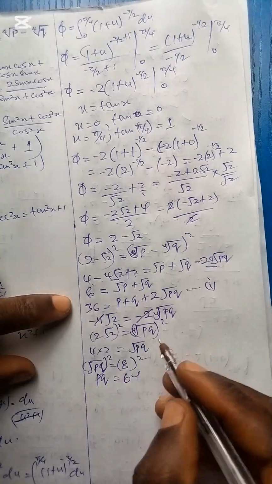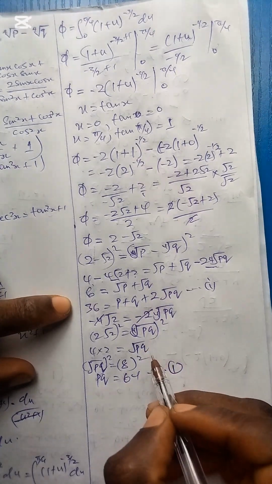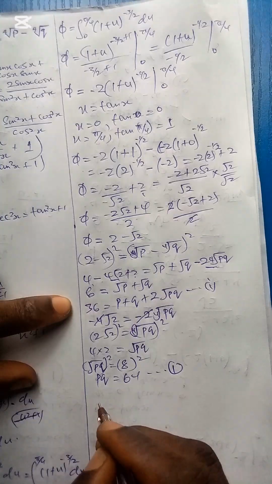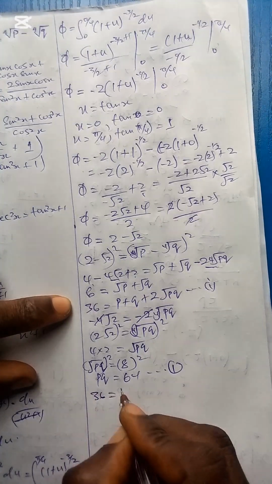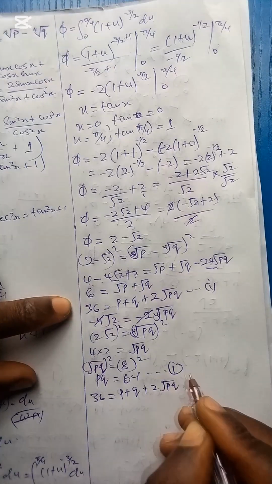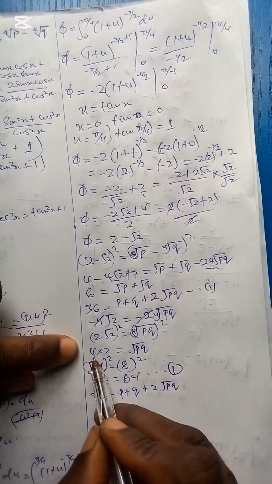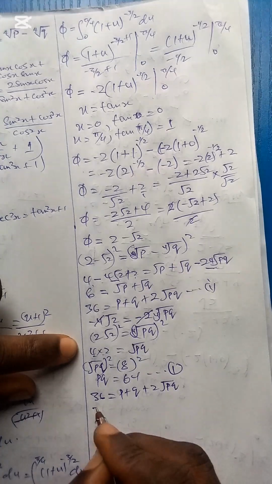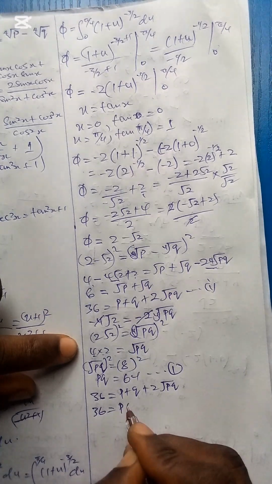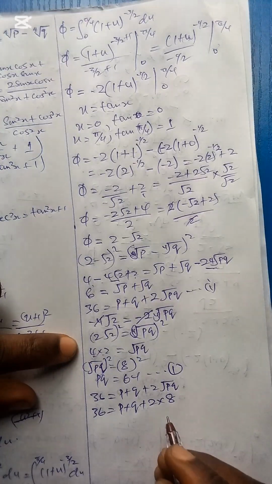Now, let us come to equation I, where we have 36 is equal to p plus q plus 2 root pq. Let's remember that root pq is 8. So 36 equals p plus q plus 2 times 8. And 2 times 8 is 16.